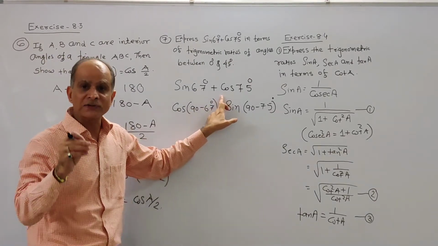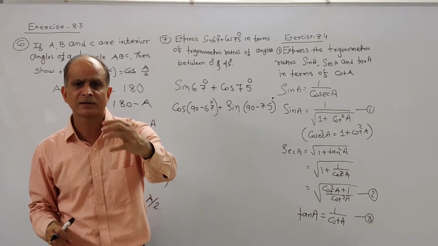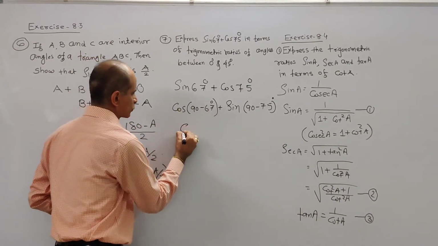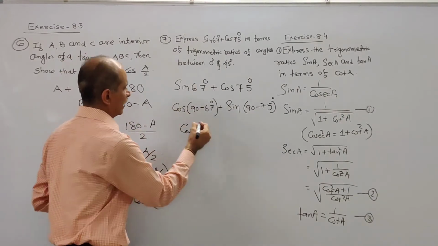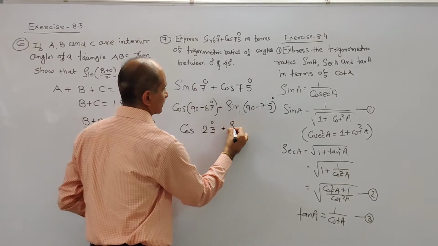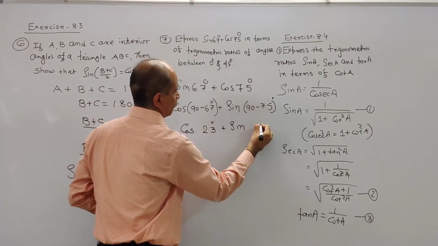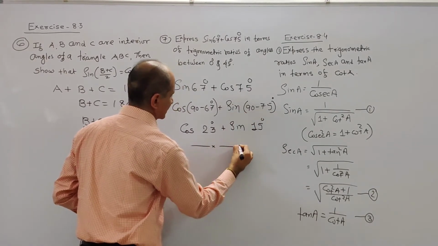Similarly, cos 75 degree is equal to sin (90 minus 75) degree. Now if you subtract 67 from 90, you get cos 23 degree plus sin 15 degree. So this is your final answer.